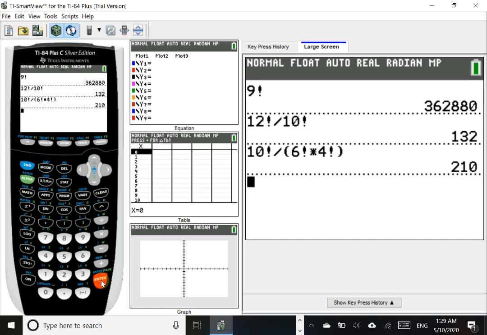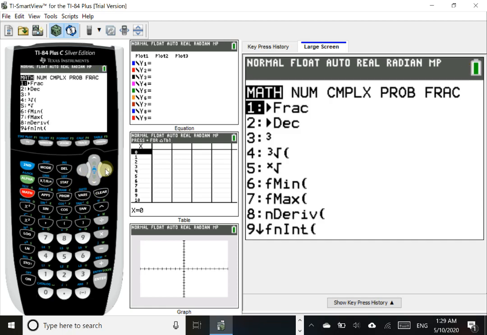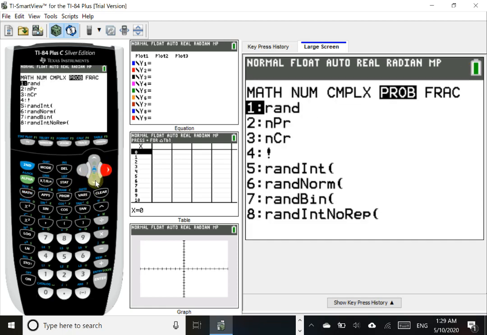Now something here to show you. If I do 10 factorial divided by, if I switch 6 factorial, 4 factorial here, instead of 6 factorial times 4 factorial, if I go 4 factorial, 6 factorial, it will be the same answer, wouldn't it? The reason I'm mentioning it is because we're going to see expressions like this in a few minutes.